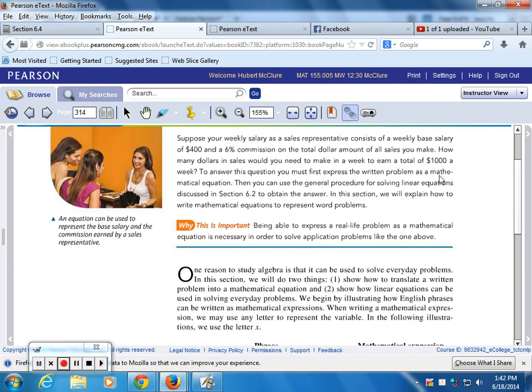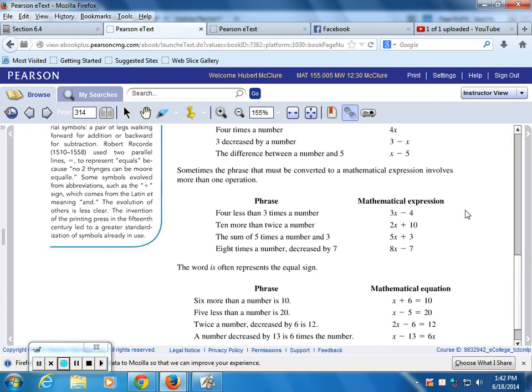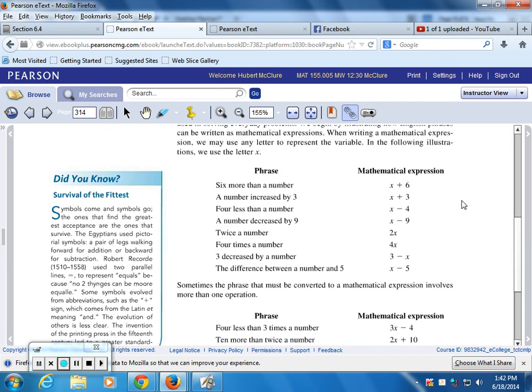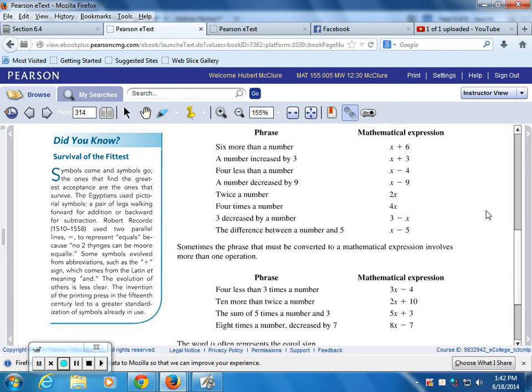Applications of linear equations. Now I want to go ahead and tell you, you need to write down page 314 in your notes. And you need to write down all these little phrases that they have because they're going to get you. So put in your notes, page 314, copy.